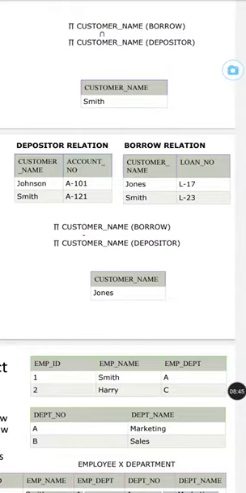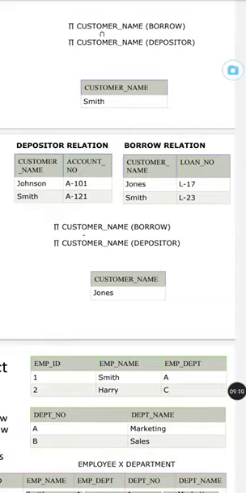So in this case, from the left side table, that is the first table, borrow, you can take Jones from the customer name column, because Smith is already there in depositor also. So we are neglecting the matching rows from the comparison.